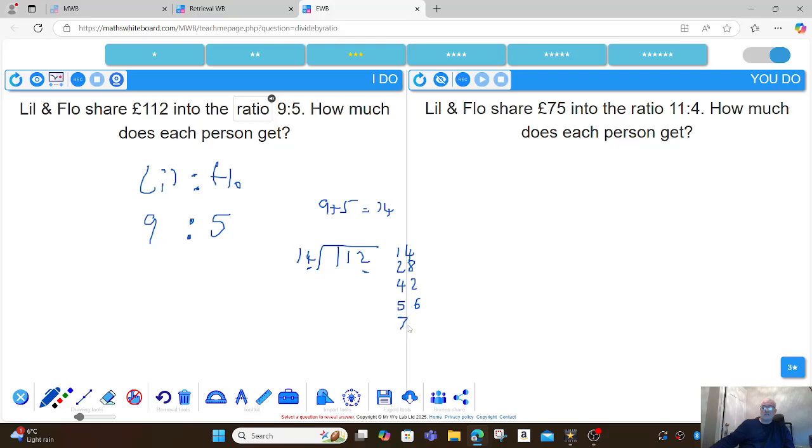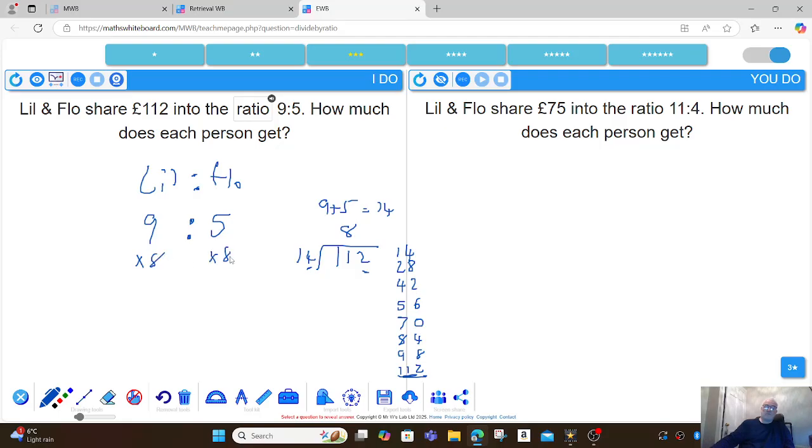So 56, 70. Well, 14 doesn't go into 11, so I need to keep going down until I get to 112. So 84, 98, 112. So that's on 1, 2, 3, 4, 5, 6, 7, 8 times. So 14 goes into 112 8 times.